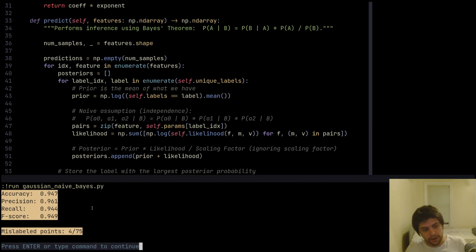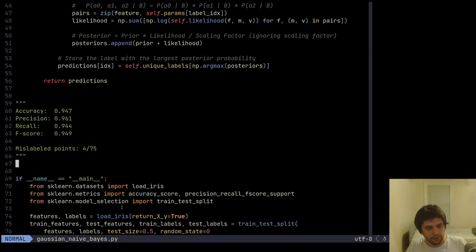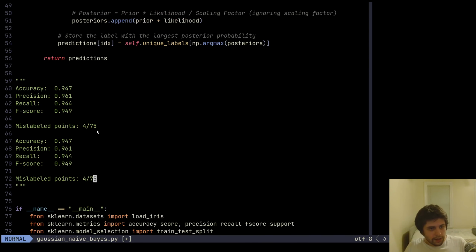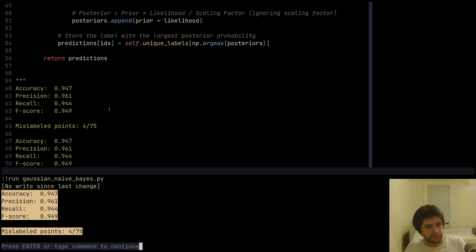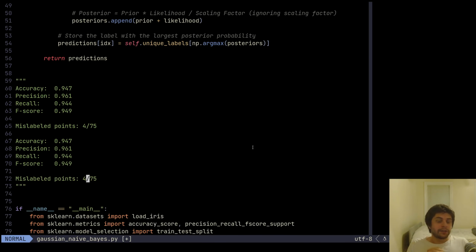And there we go. We have these results, and let's copy these over here. So 0.947, 0.947, 0.961, 0.961, 0.944, 0.944, 0.949, 0.949, 4 out of 75, 4 out of 75. So yeah, once again, we can take a look at these results. That's the same.